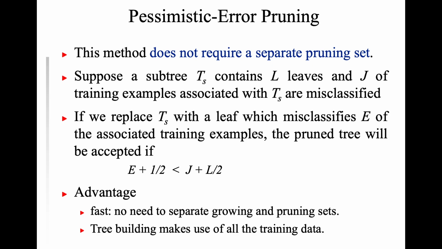And here, the pessimistic method adjusts this error rate by just adding a penalty, and you see it in the formula that we just add some penalties to the error rate using the training data. And the advantage is that it's fast, so no need to separate the growing and pruning set. That's why it is faster than the other methods.